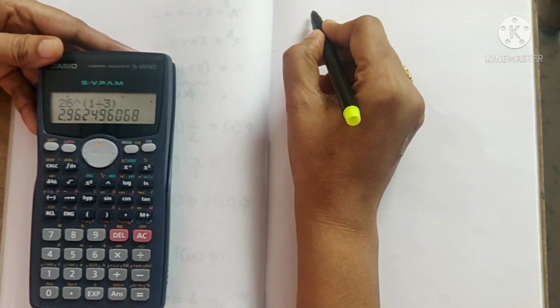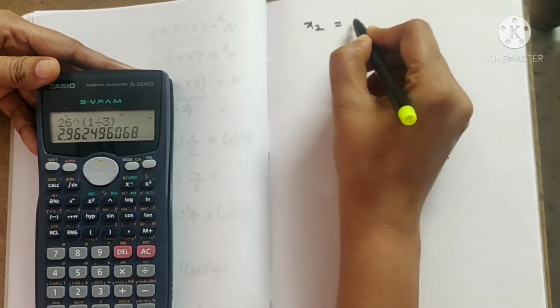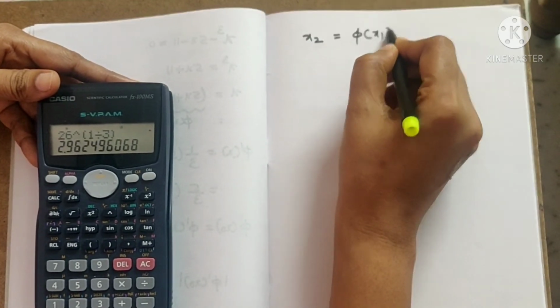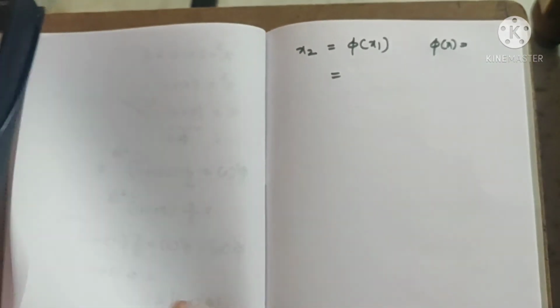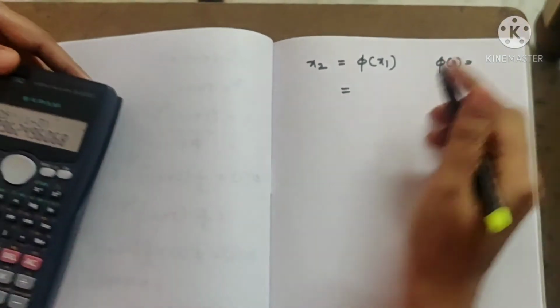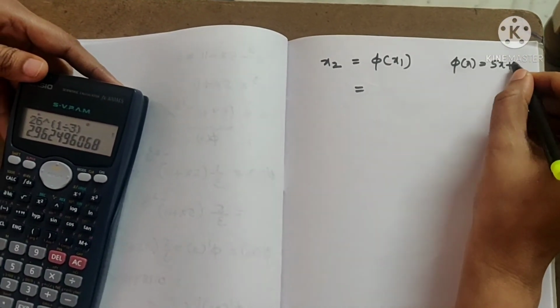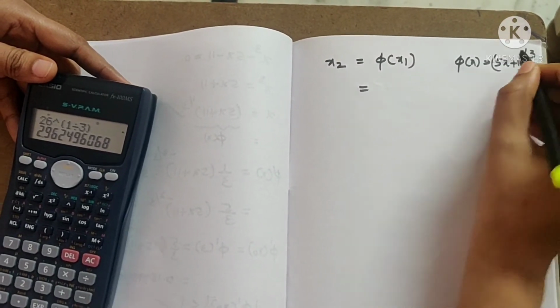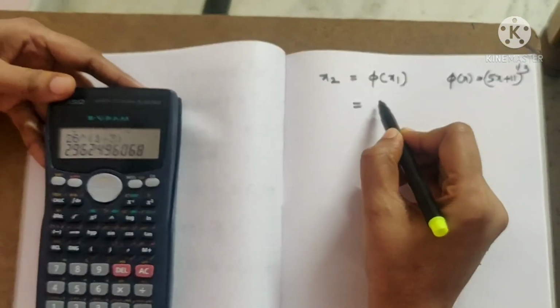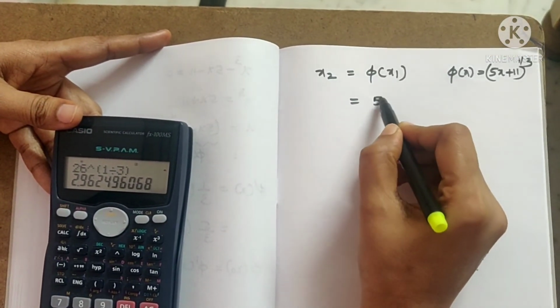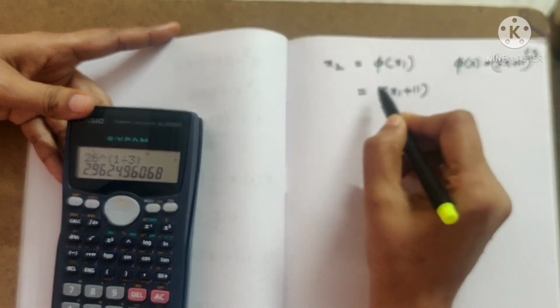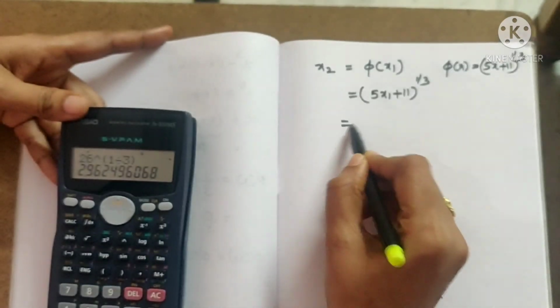Next, the second approximation of the root, x2 equal to phi of x1. So phi of x is (5x plus 11) whole power 1 by 3. Phi of x1 means (5x1 plus 11) whole power 1 by 3.